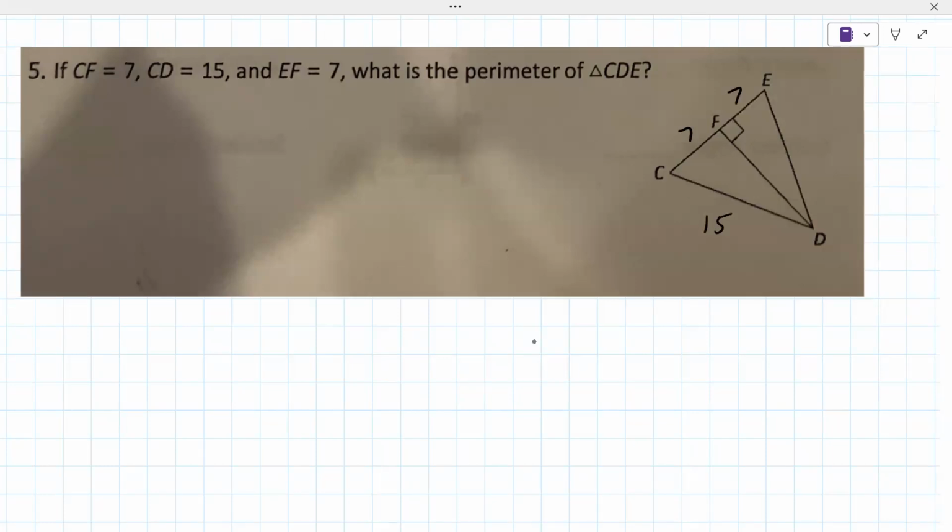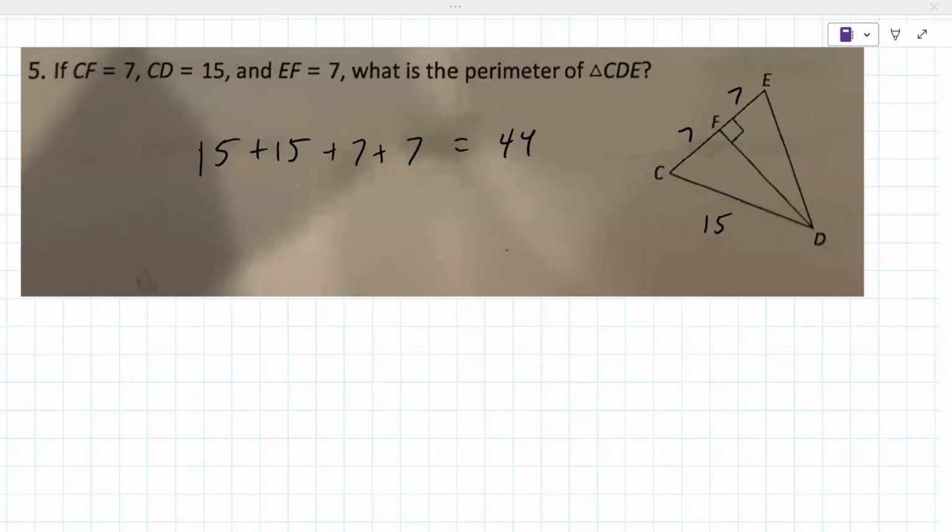This is 7. 44. Yeah, so it should be 15 plus 15 plus the 7 plus the 7, which is 44. Good.